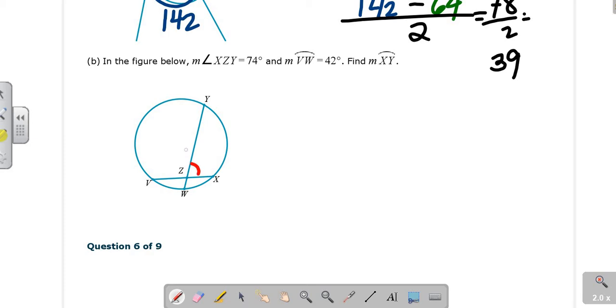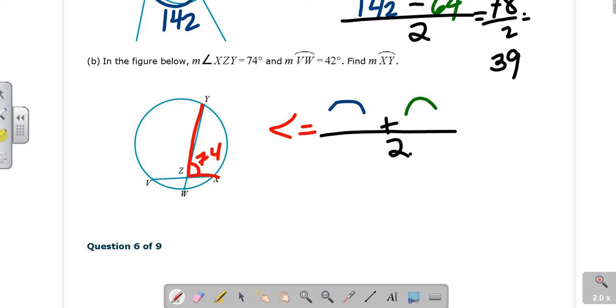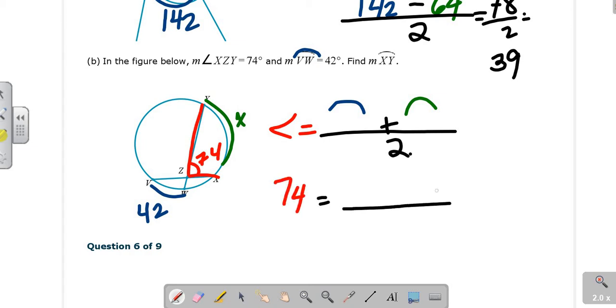This one is going to be angle equals arc plus arc over 2. What are we given here? XZY is 74. VW is 42. Find this. So we come over here. 74 equals 42 plus x over 2.